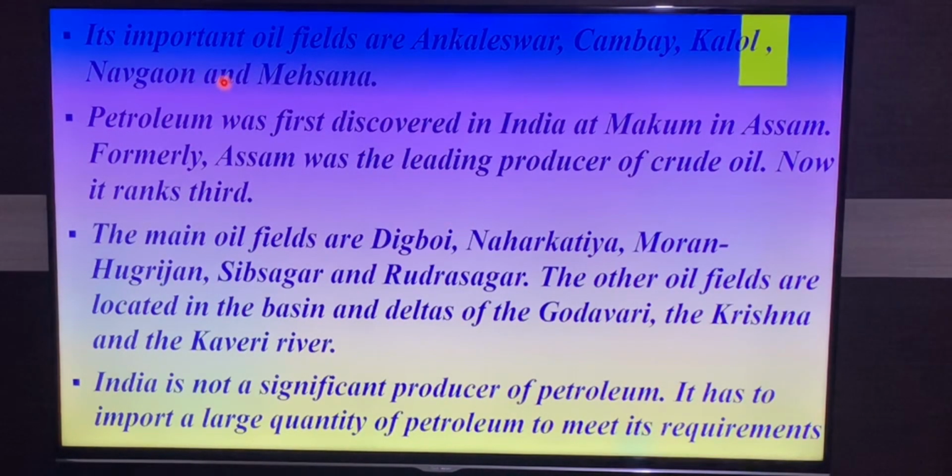You can also mention these places which have been mentioned in the slide: Ankleshwar, Kambe, and in Assam, Makum, Digboy, Sibsagar, Rudrasagar, and the deltas and basins of Godavari, Krishna and Kaveri rivers. These places can be mentioned.